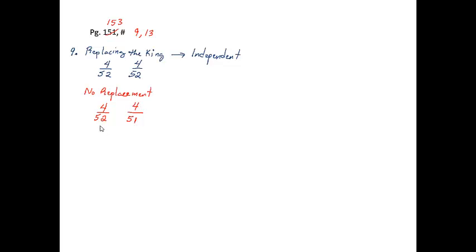It's affected by taking a king first and not replacing. Therefore, this would have actually been dependent. So the key words that made this independent were that you were replacing the king. You're putting the king back into the deck. If you do not put the king back, then they are actually dependent.